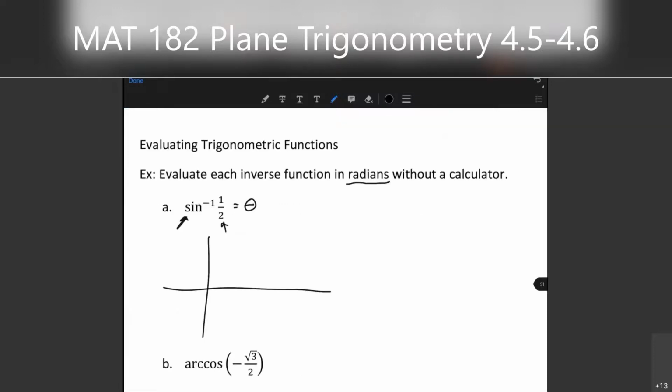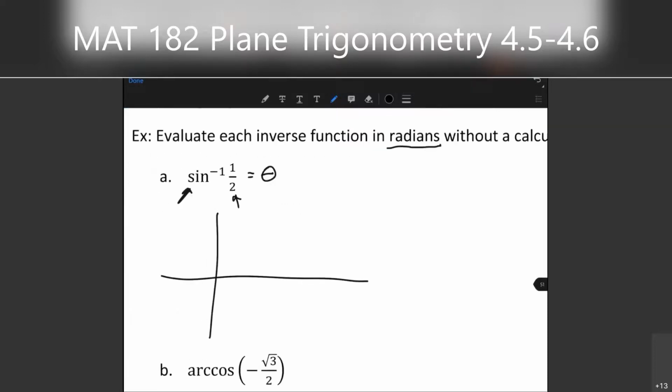So we'll dive in here. We're going to want to draw a right triangle in such a way that a sine function would give us a 1/2 ratio. So let's build our quadrant. We'll have an angle called theta. We're solving for that angle theta. And we have a sine of 1/2. So in this case, we'd have 1 as our opposite, 2 as our hypotenuse.